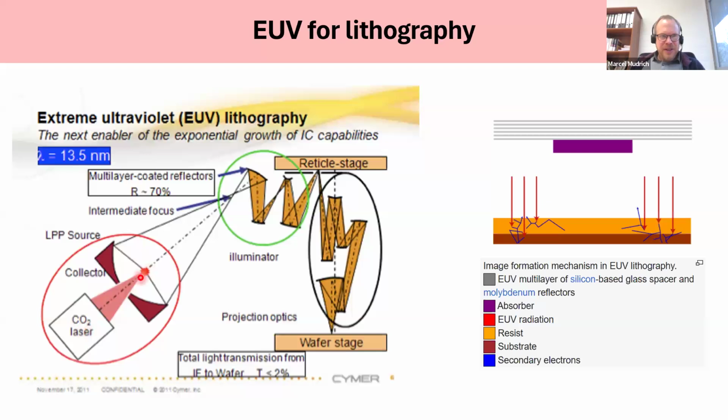Like in this case, these are actually tin microparticles that are irradiated by intense CO2 lasers. They explode, get ionized, get excited, and emit spontaneous fluorescence light to produce sufficient radiation for this step.